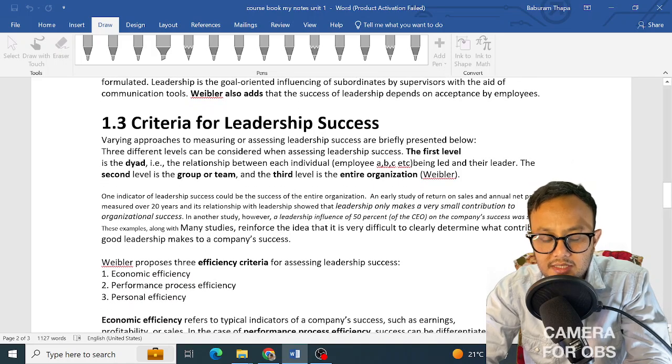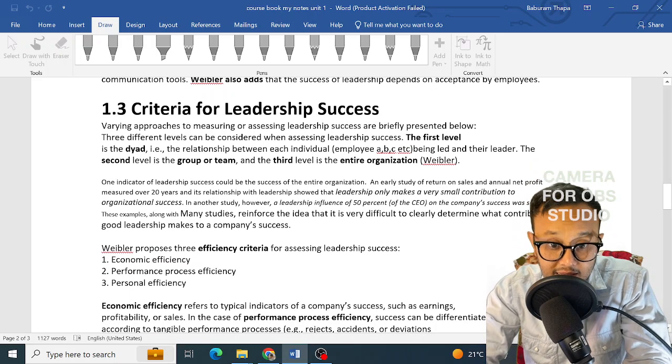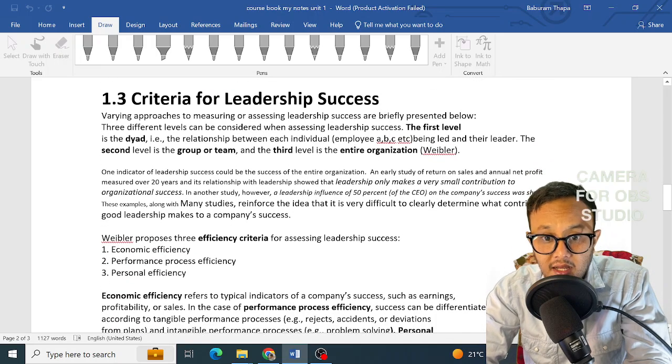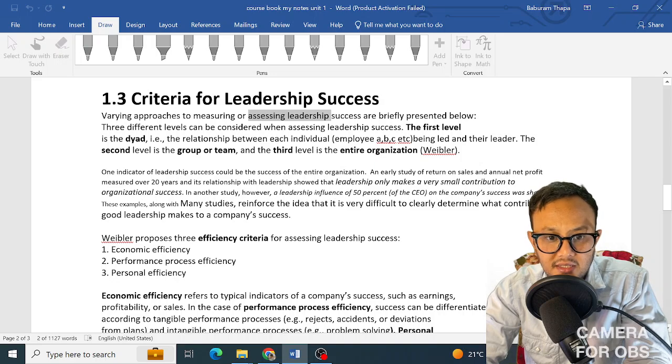So let's see the third point, the criteria for leadership success. Varying approaches to measuring or assessing leadership success are briefly presented below, right? What are the approaches to measure the leadership?